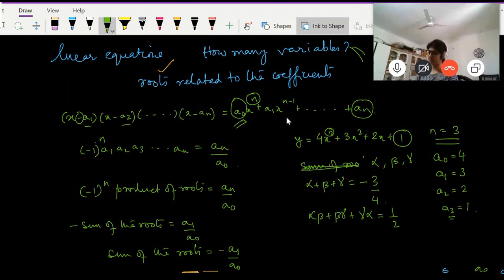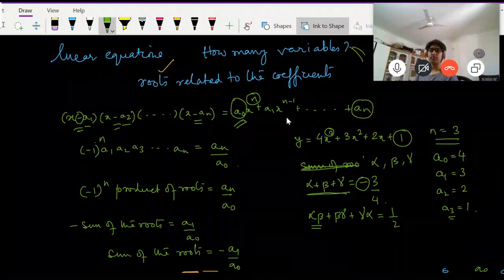Remember this: you have a minus with all the coefficients. Whenever you take an odd power, as with alpha plus beta plus gamma, the minus will remain. Whenever you take the product of two, minus into minus is plus.